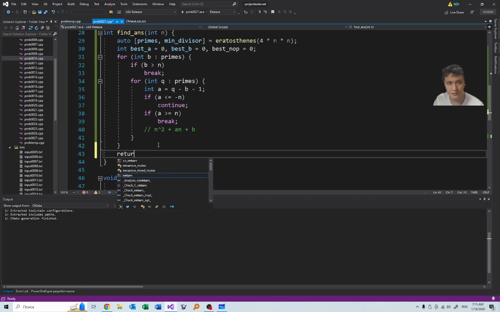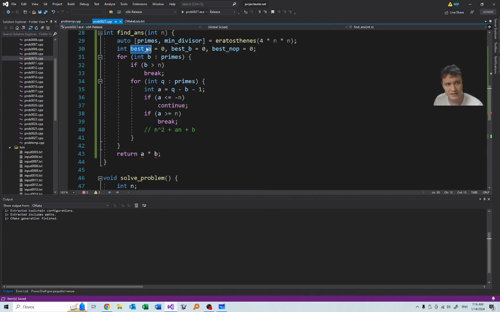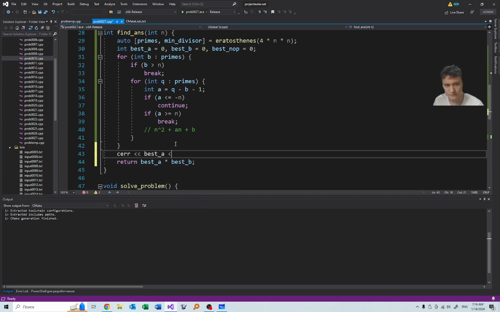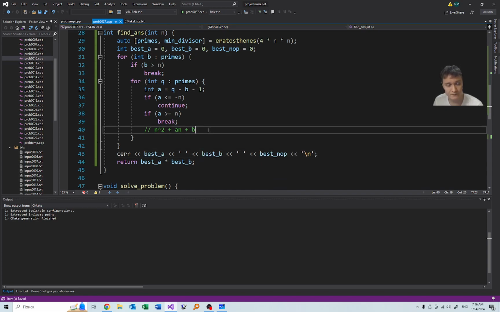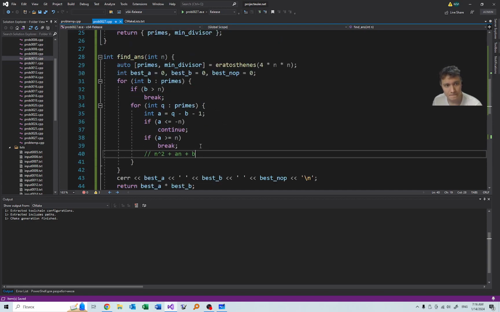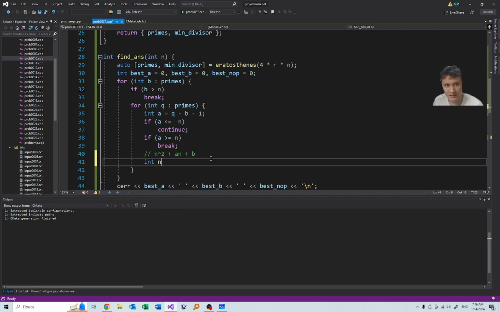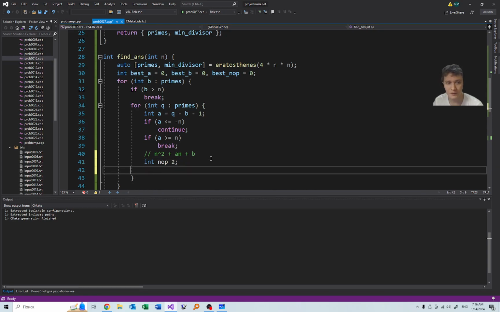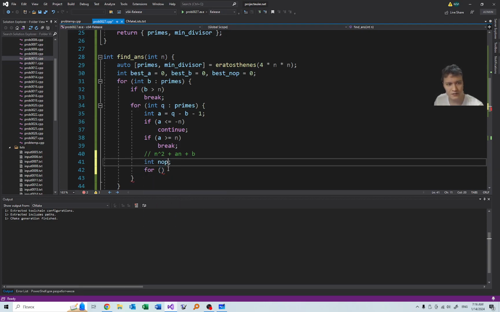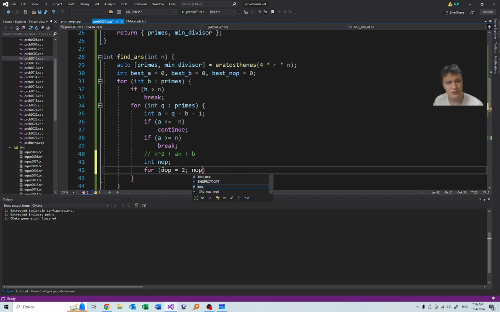In the end, I will need to return not the absolute value, but simply the value of A times B. Best A times best B. So let's store number NOP, which is now 2, because we have n equals 0 and n equals 1. Nope equals 2, and nope plus plus.